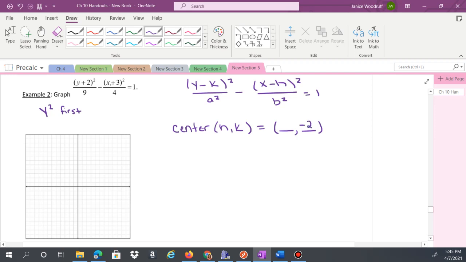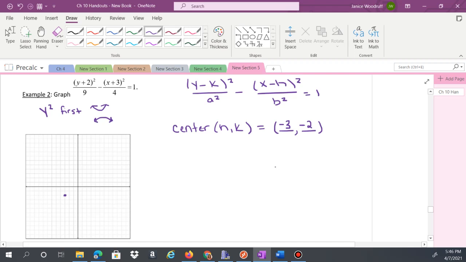And then our h also turned into a plus sign. So x minus -3. So -3, -2 is going to be our center. Okay, so let's see, -3, -2, about right here. And then we know that y squared is going to follow this. So we're opening up and down here.